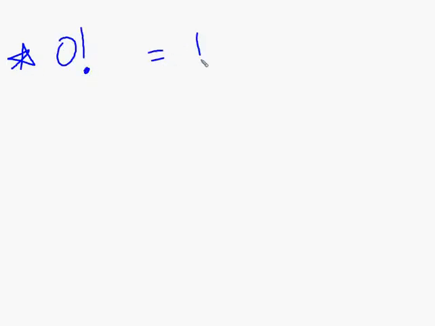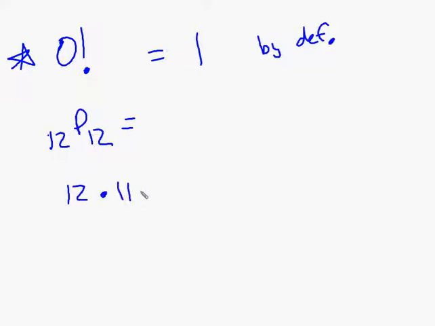What is 0 factorial? 1, by definition. Why isn't it 0? Listen, I'm about to tell you why. Because if I do this formula, let's say I did 12 permute 12. That means select from 12 things, all 12 of them. And we would expect it to be this, by the multiplication rule, all the way down to 1.